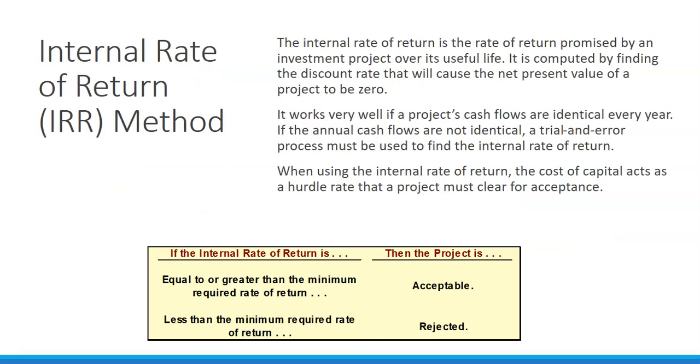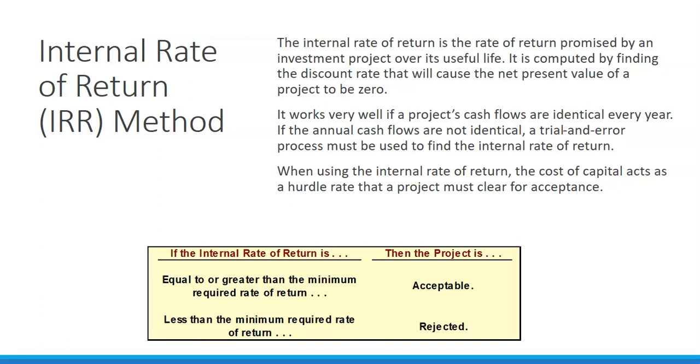The next method is called the internal rate of return method, or IRR. The internal rate of return is the rate of return promised by an investment over its useful life. It's computed by finding the discount rate that will cause the net present value of a project to be 0.